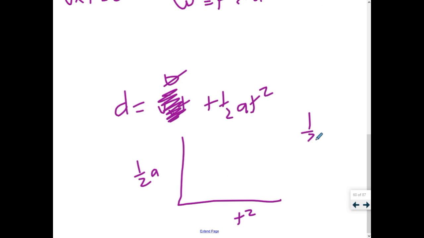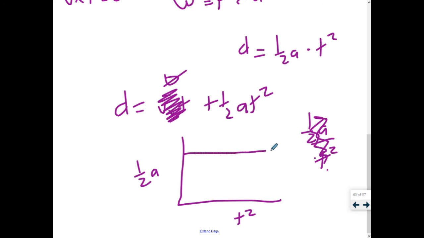Well, 1/2 A divided by T squared, that's not helpful. But 1/2 of A multiplied by T squared, well, that's now equal to T. So if I keep the graph 1/2 A by T squared, if I ask to find the area of it, that would then be. Now what's cool about this is that works for like a nice rectangle.